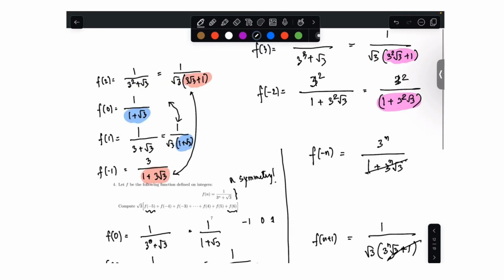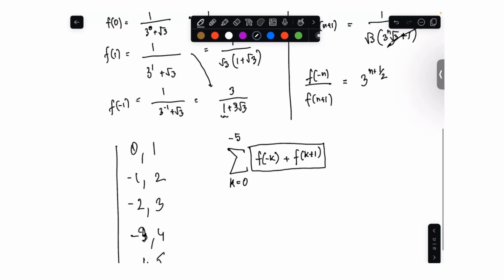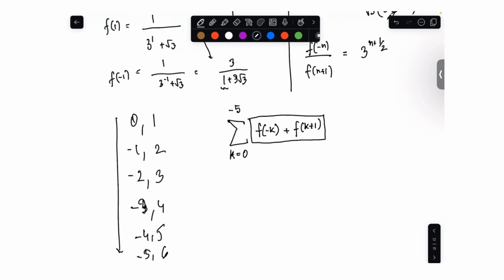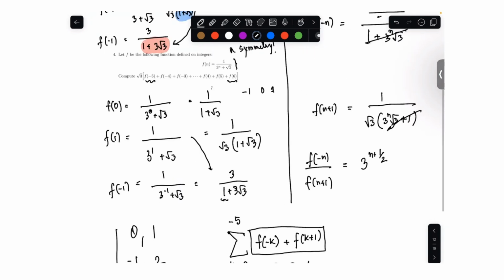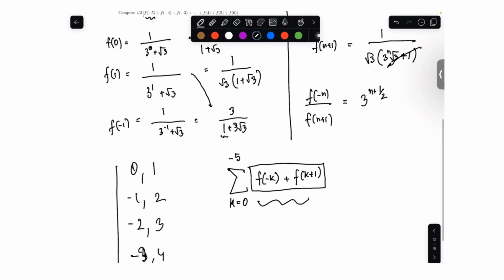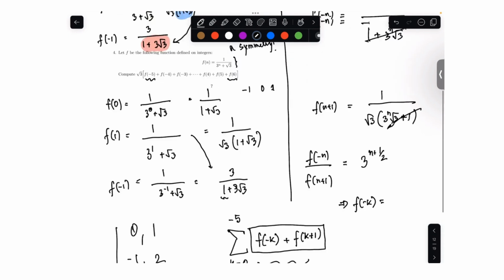Now let's see if we can find it in a better way. So we know this is true. So what we will do is write everything in terms of f of k plus 1. So f of minus k will be 3 to the power n plus half plus 1 times f of k plus 1. Got it?